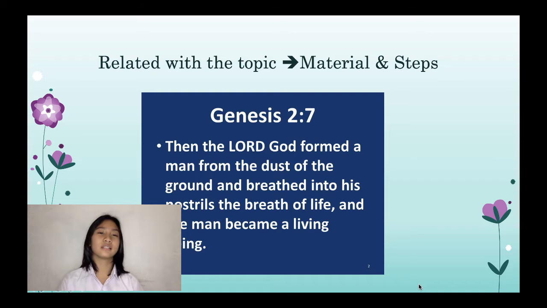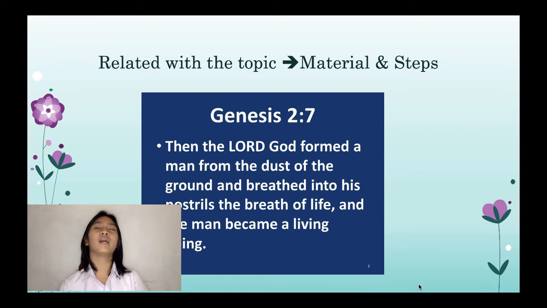The next is related to the topic materials and steps. It is taken from Genesis 2 verse 7 that said, "Then the Lord God formed a man from the dust of the ground and breathed into his nostrils the breath of life, and the man became a living being."